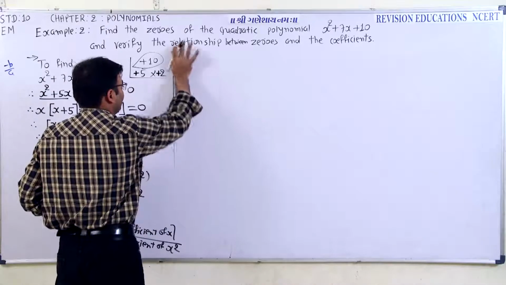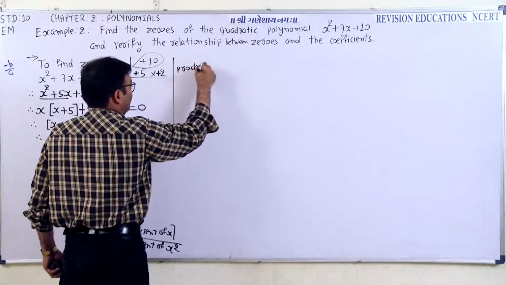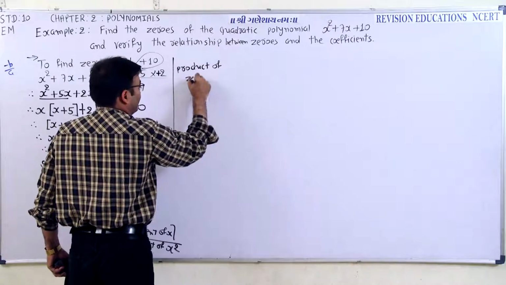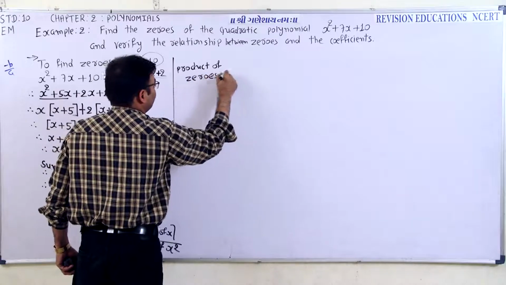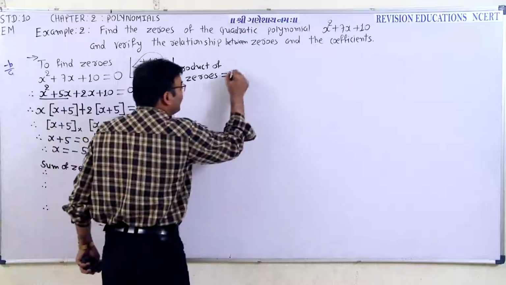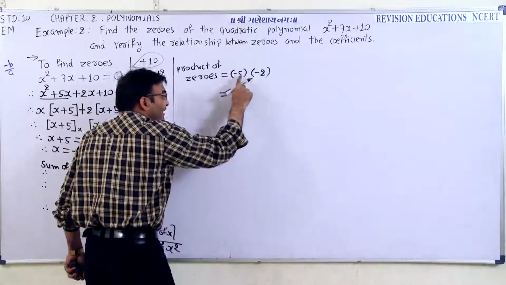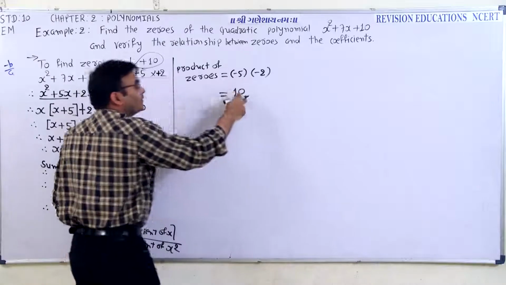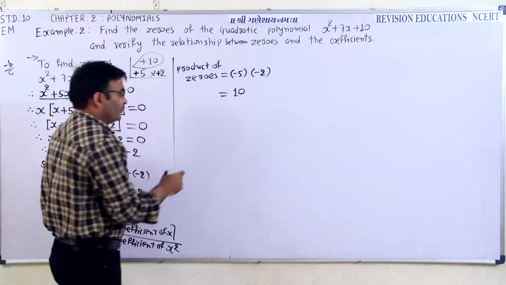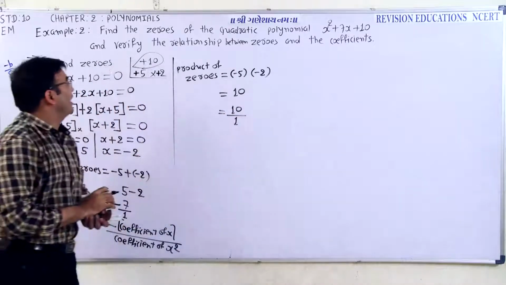Then after we solve, here we look, the product of zeros is equal, what we got here, minus 5 into minus 2, negative, negative, positive 10. So here we write 10 and in denominator 1.